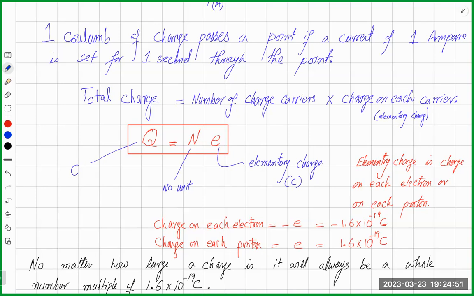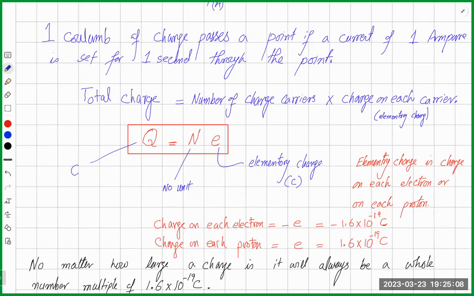Elementary charge means the charge on an electron or the charge on a proton. The value for elementary charge is 1.6 into 10 to the power minus 19. Charge on an electron is minus e, meaning minus 1.6 into 10 to the power minus 19.